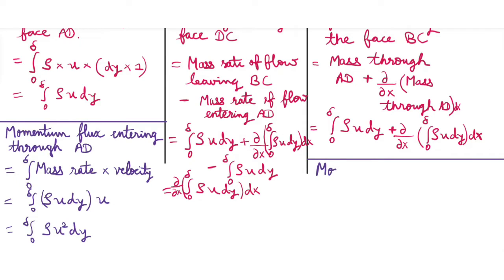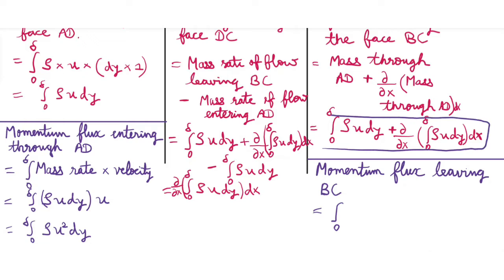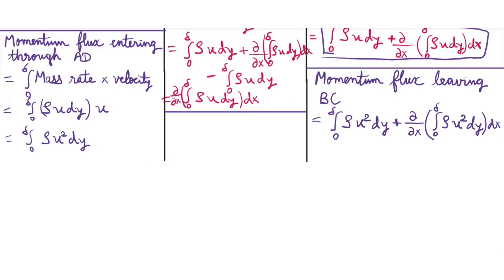Then the momentum flux leaving the face BC will be again the same thing, mass rate into velocity. The mass rate we have already found, we just need to multiply small u with this and it will become rho u square dy plus del by del x integration 0 to delta rho u square dy into dx.